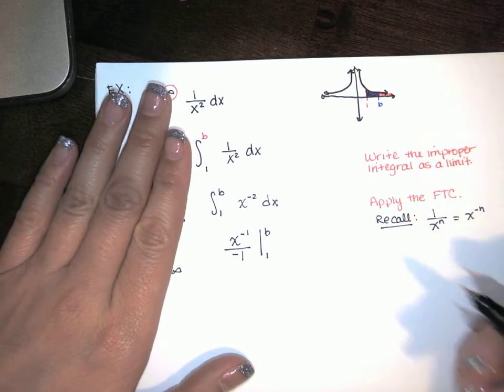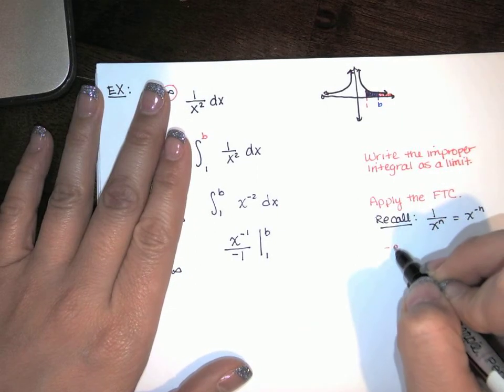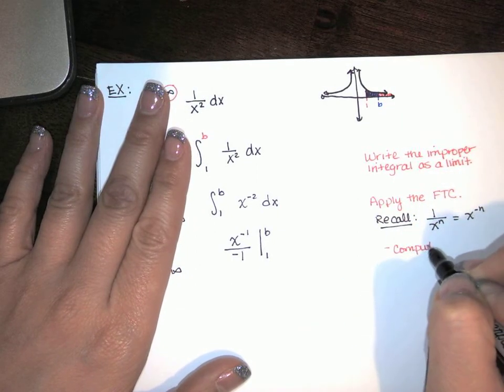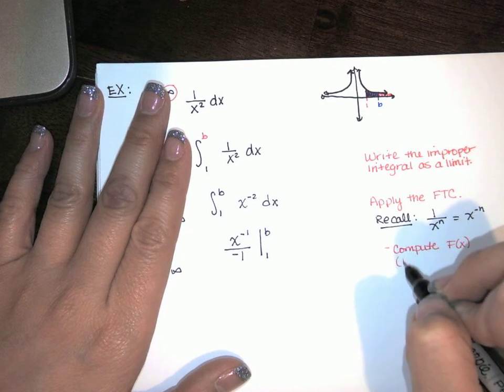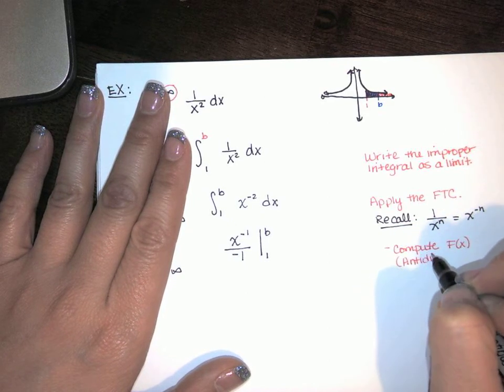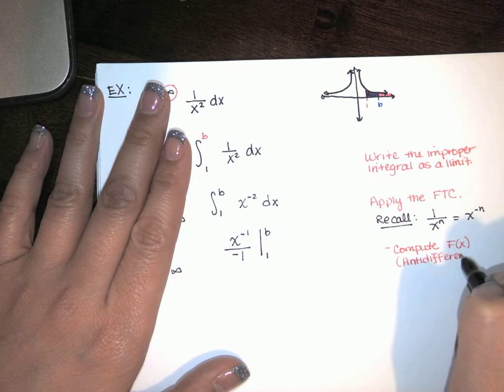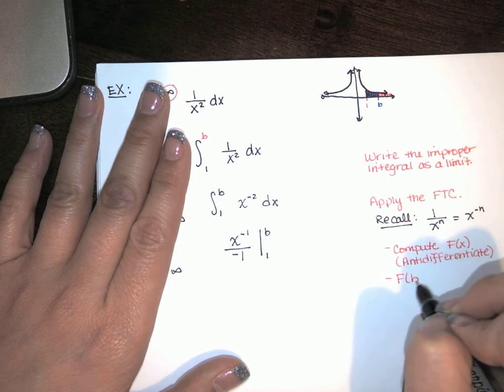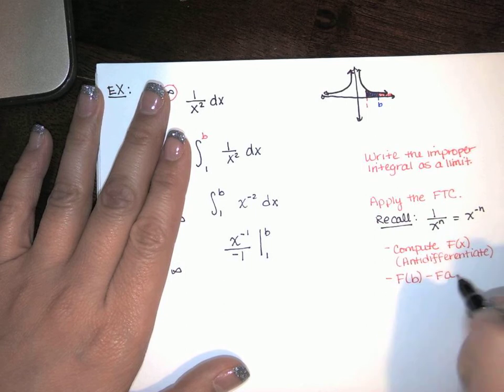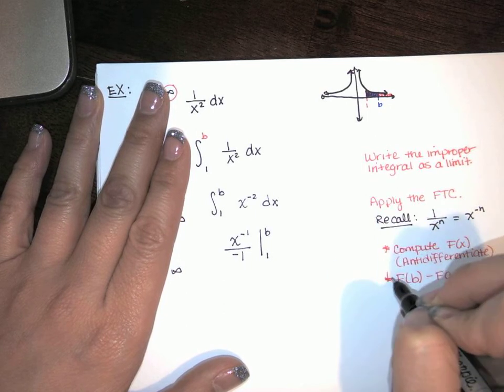So we're applying the fundamental theorem by first computing the antiderivative, and then of course you want to do f of b minus f of a. And these are steps, not subtraction signs.